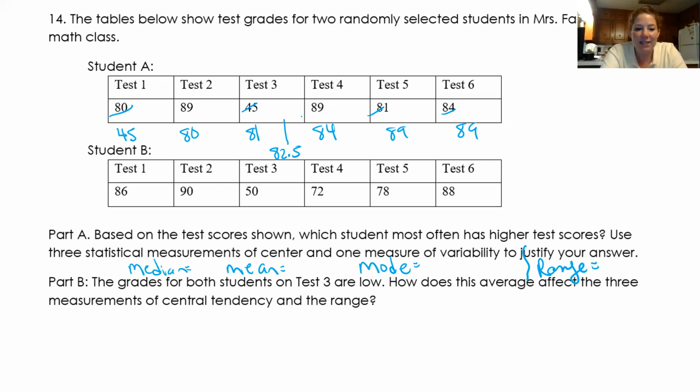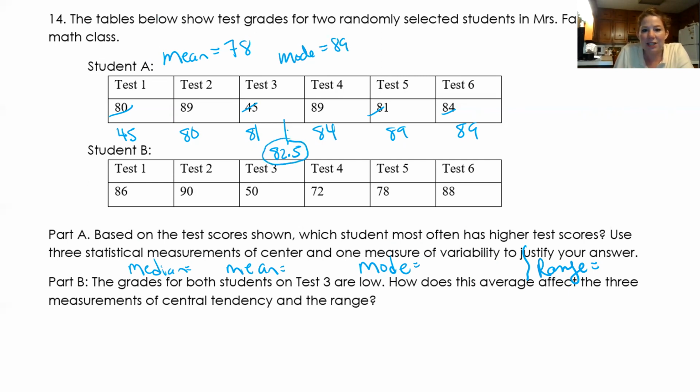And then have you guys already figured out the mean? 45 plus 80 plus 81 plus 84 plus 89 plus 89, divided by 6 is 78. So the mean is 78, the mode is 89, and there's our median.